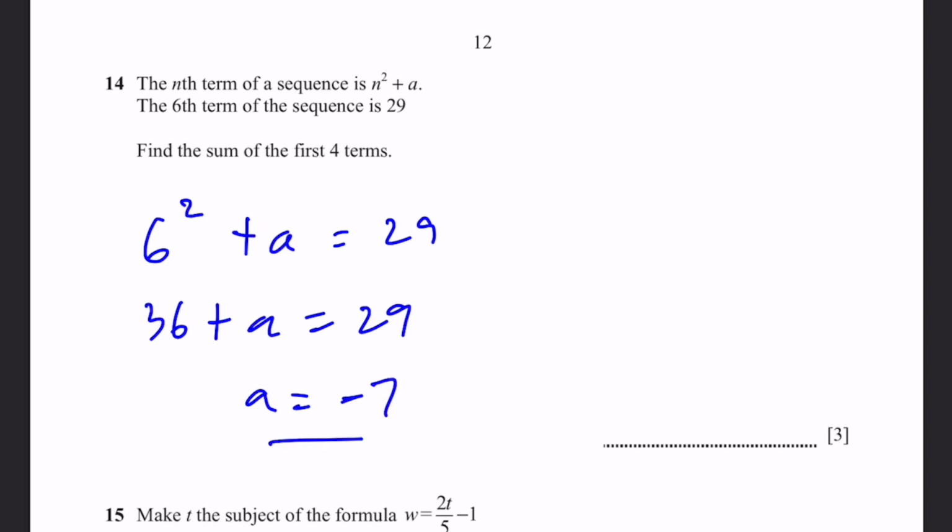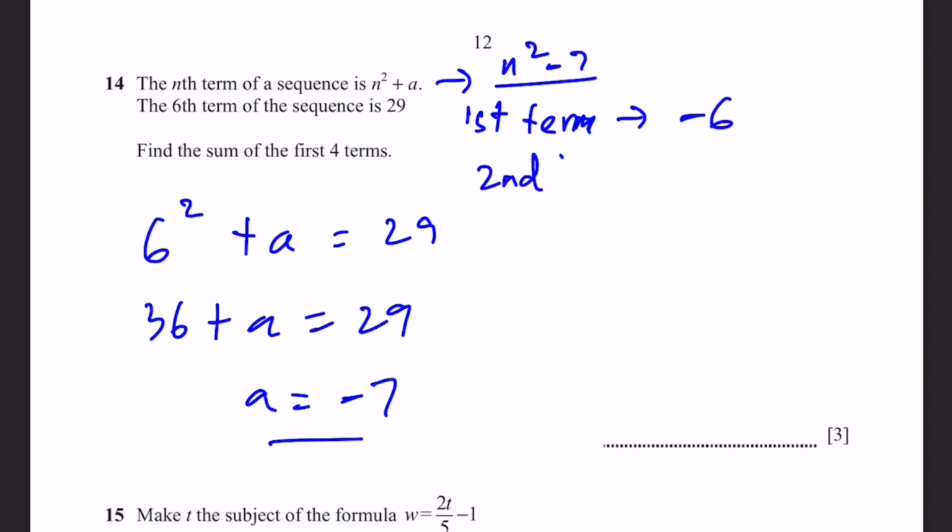So for the first four terms, first term, you can substitute n equals 1. By the way, this formula becomes n squared minus 7. So first term is 1 squared minus 7, which is minus 6. Second term is 2 squared minus 7, which is minus 3.